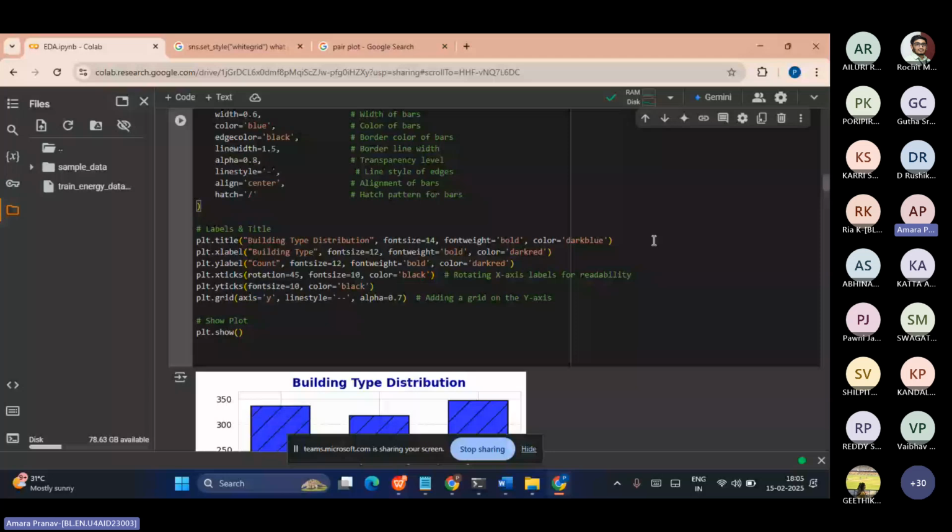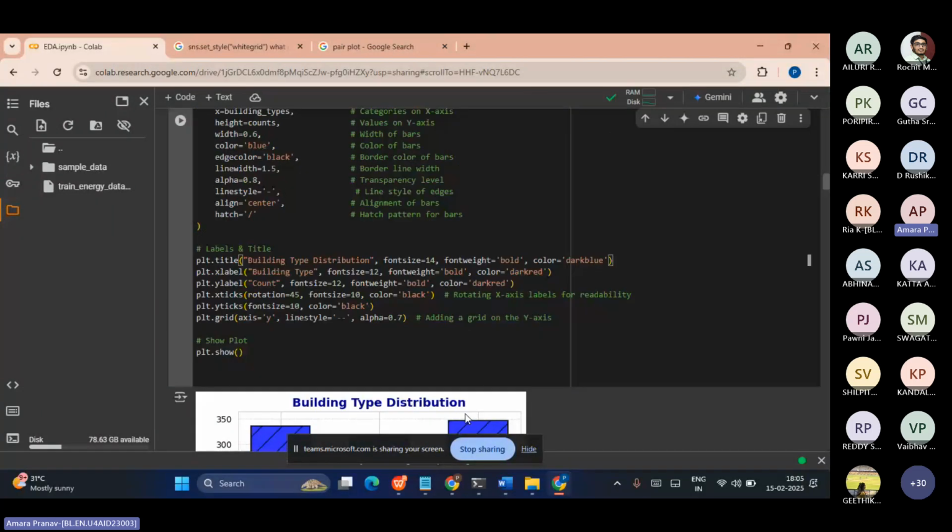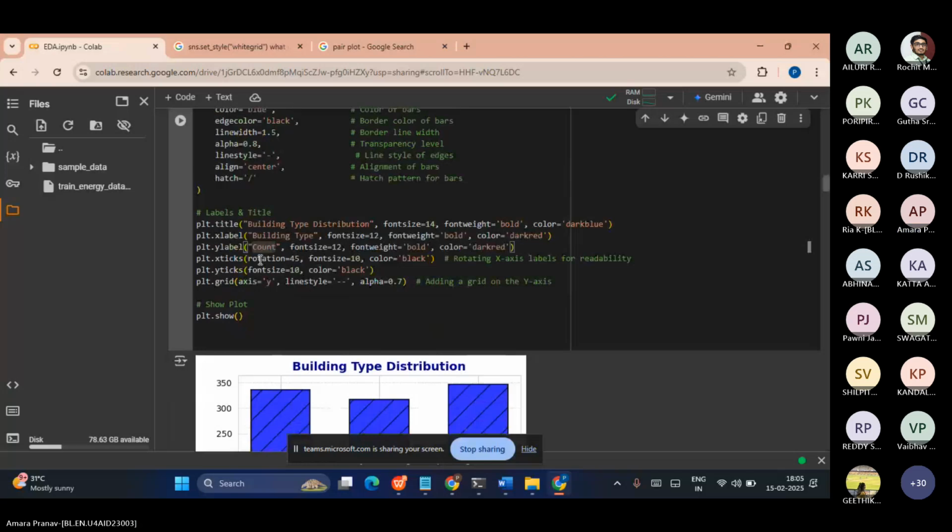First you give the title along with the font weight and the color. Then you give the X label, whatever you want to be the label on the X axis. Here it's building type, and the Y label is count, which is the Y axis label. Then xticks is the rotation of the x-axis labels.